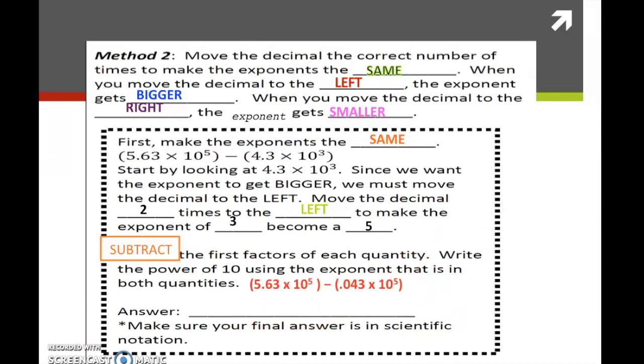Write the power of 10 using the exponent that's in both quantities. So now you notice that my exponents are now the same. And then we are going to write our final answer in scientific notation. Hope that's making sense. It's the same as adding. The only difference is we are subtracting.